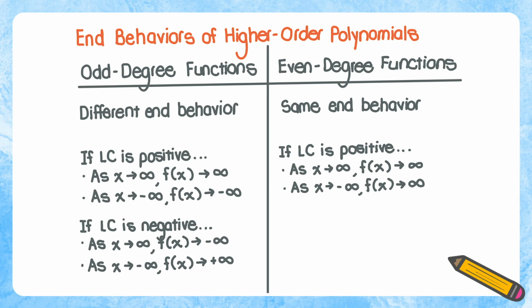And then as x approached negative infinity, so as we went to the far left, the graph was still approaching positive infinity. No matter whether we were going far left or far right, they shared the same end behavior. What do you think happens when the leading coefficient is negative?